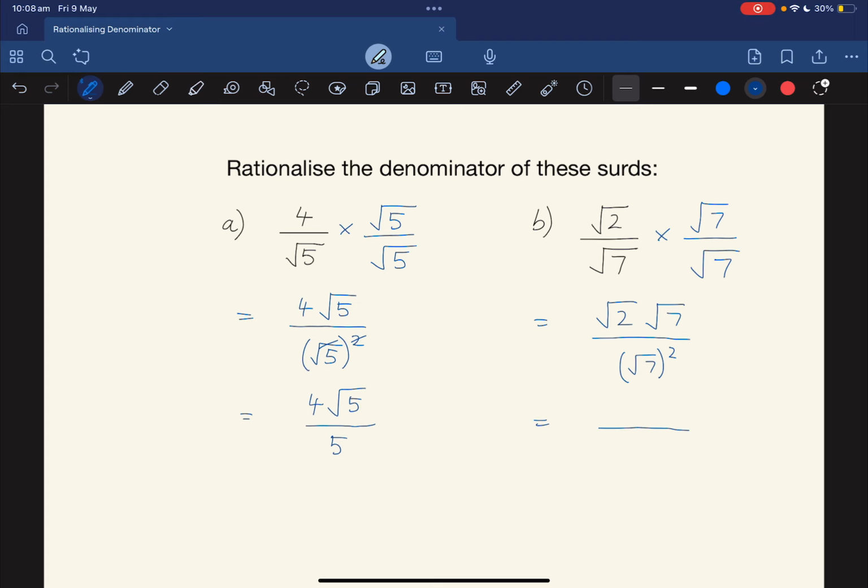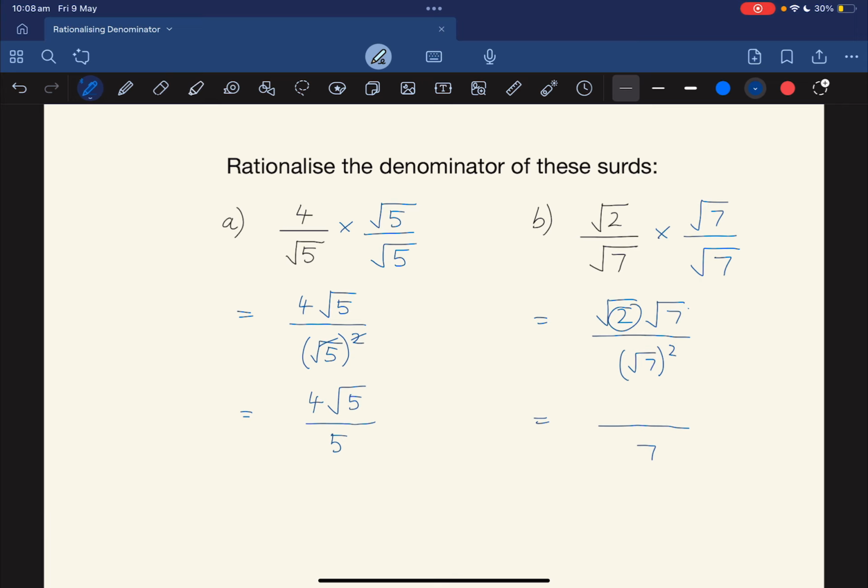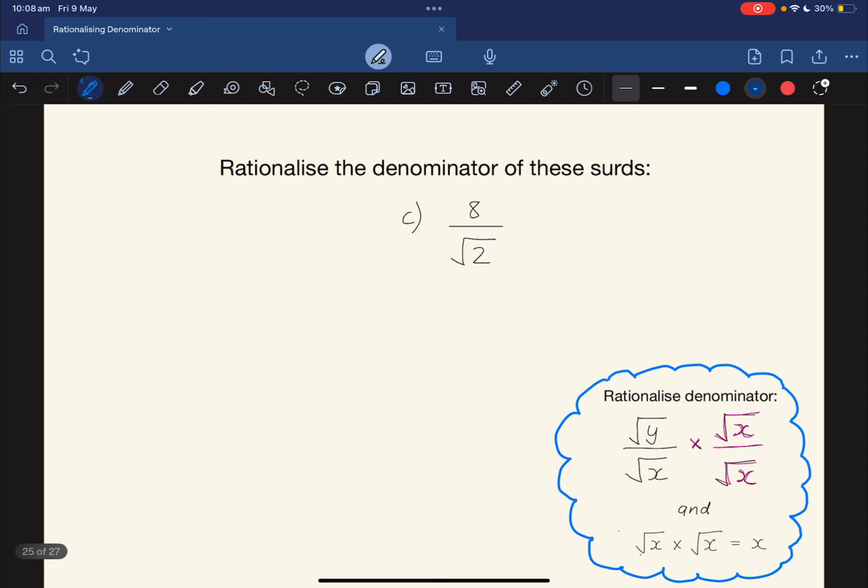We know root 7 squared is 7. We can write that straight down, and we can multiply the numbers under the square root sign using multiplication of surds. So that's going to be root 2 times 7, root 14 over 7. Done.